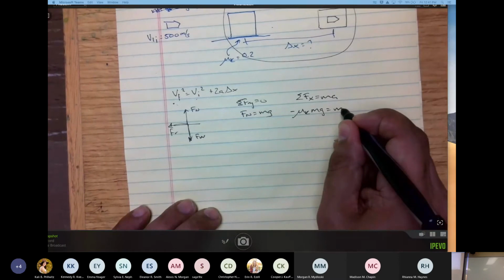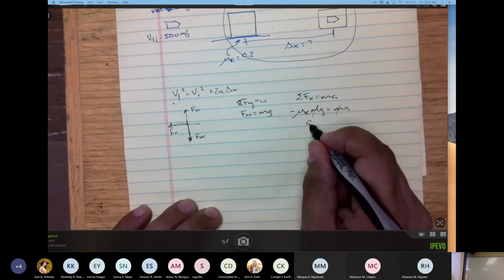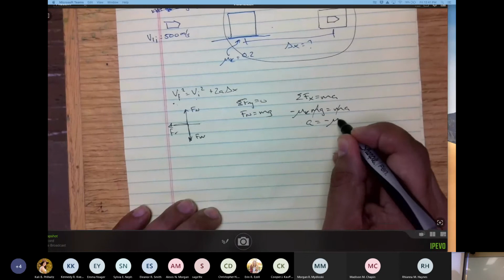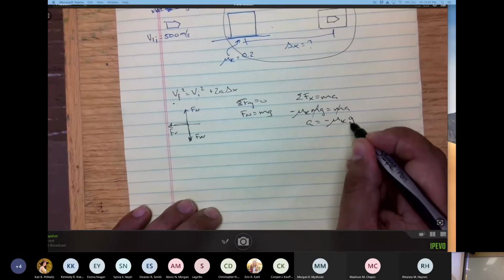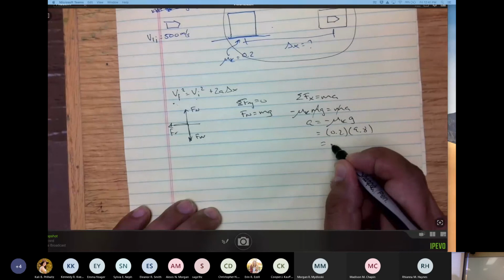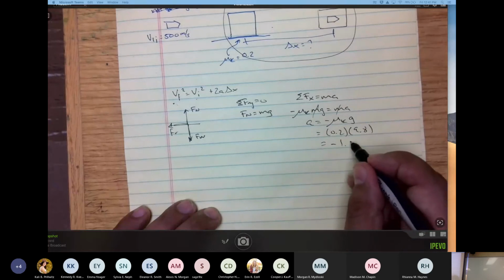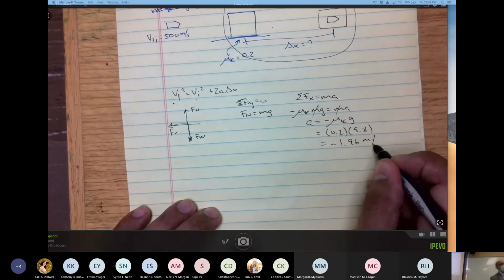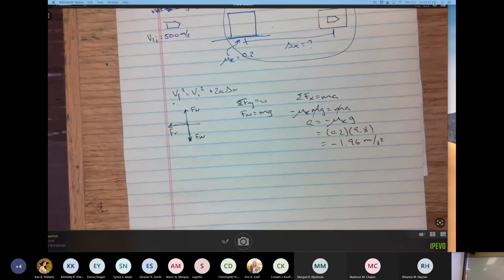The acceleration is going to be minus mu k times gravity, so that's 0.2 times 9.8, which is 1.96 meters per second squared. Okay? Everybody got that? I think that's where everybody got stuck.